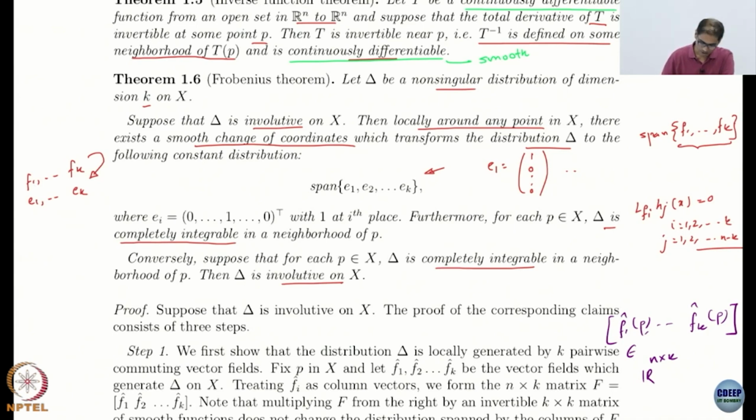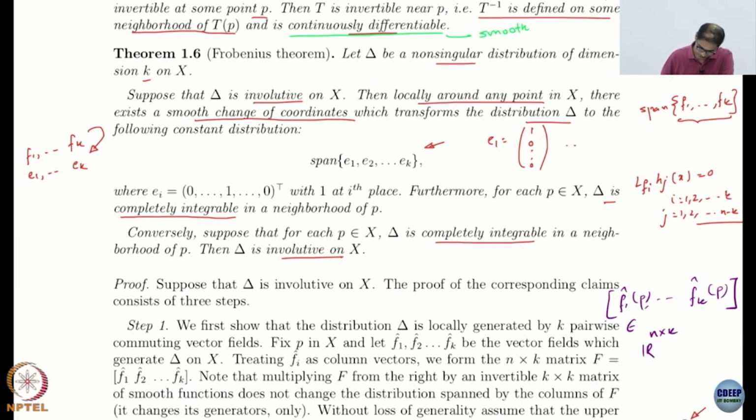That's the one statement. There are two pieces here, although it has a long statement. And the other piece is that if you have involutivity, then there exists some transformation such that your delta looks like a span of unit vectors.